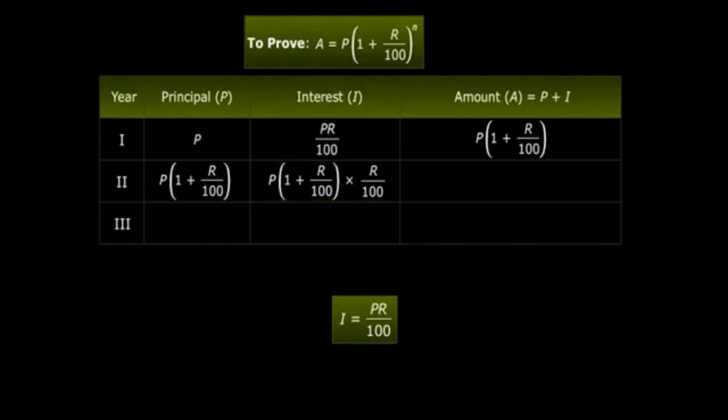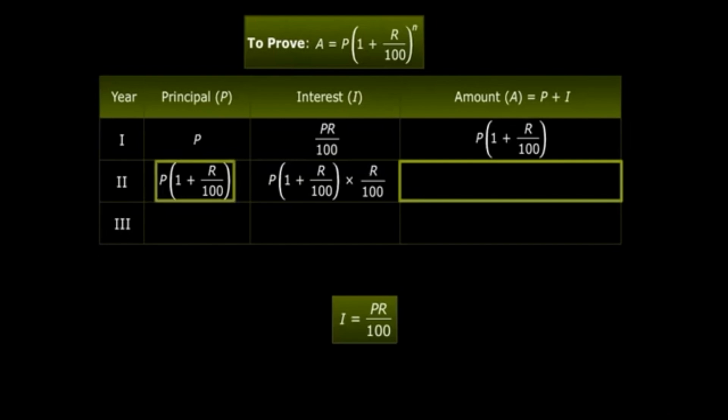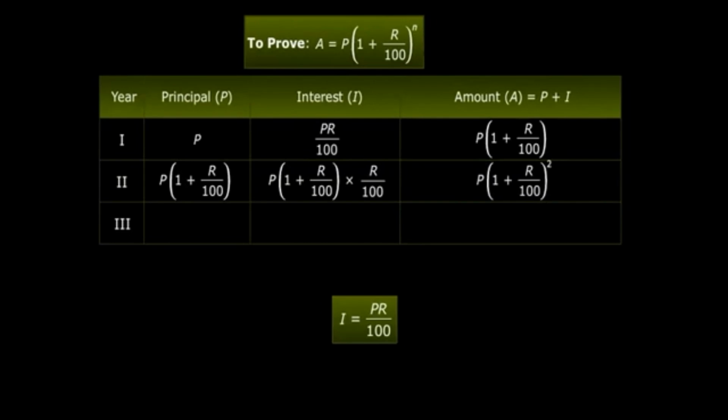Lastly, what would be the amount for the second year? For this, I have to add this principal and this interest. So I take P into 1 plus R by 100 common. So what I'm left with is this. And now I combine these two terms. So my amount becomes P into 1 plus R by 100 whole square.